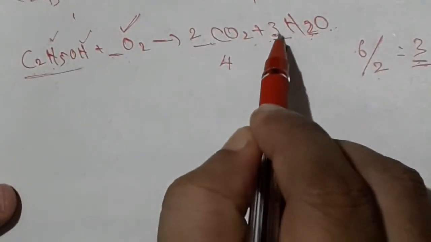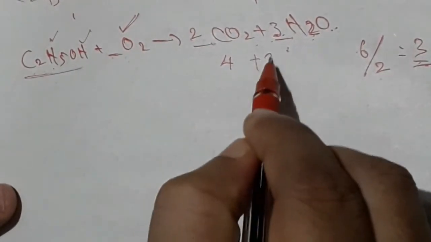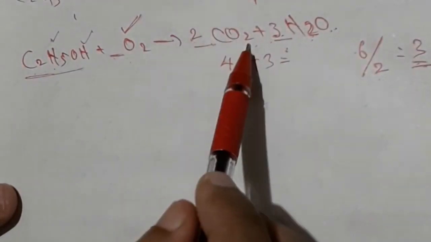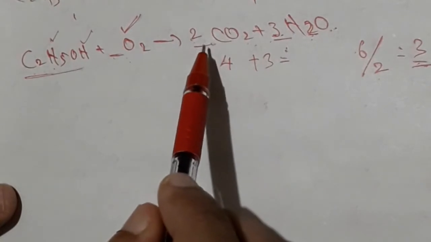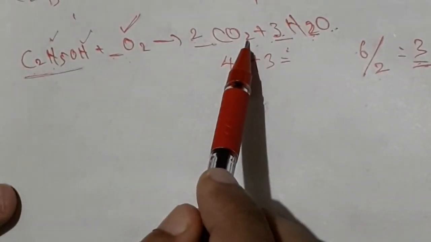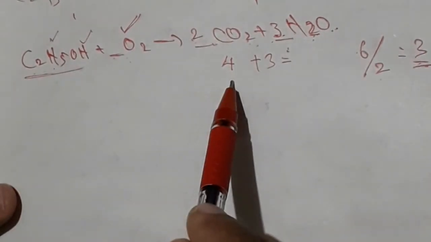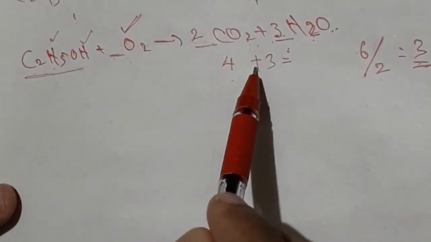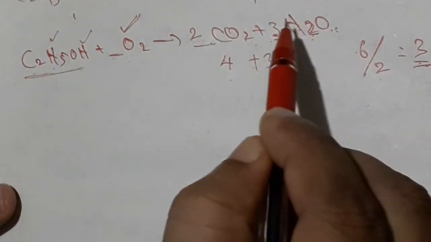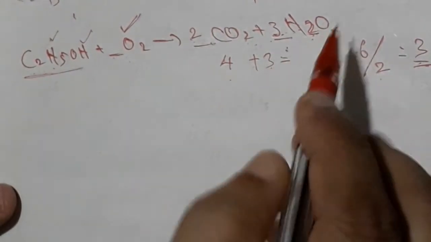So 3 times 1 is 3. I will tell you once again: 2 CO2 means 2 oxygen each, 2 times 2, 4. Plus H2O, 1 times 3, it is 3. 4 plus 3, 7.